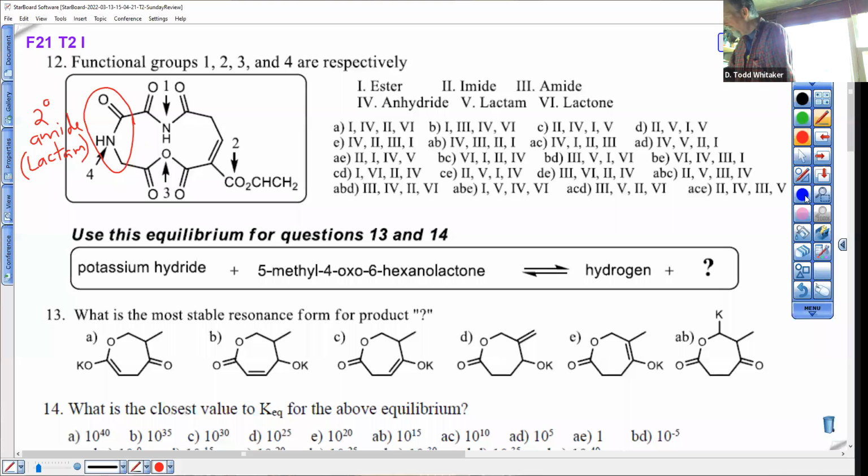And in blue, we have an imide. Yes, that's a nitrogen attached to 2 carbonyls. And down here is an ester.